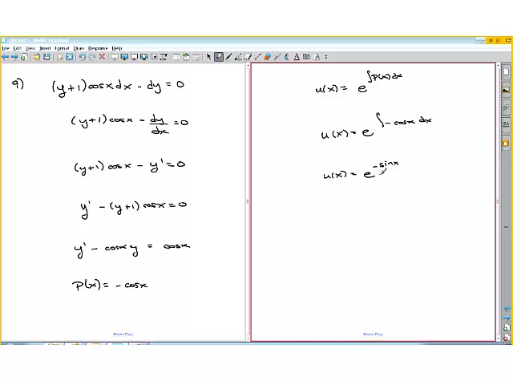So once we do that, we go back to the equation in standard form and multiply everything by the integrating factor. Let's show that explicitly.